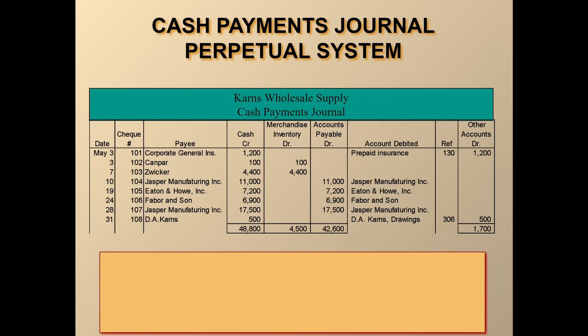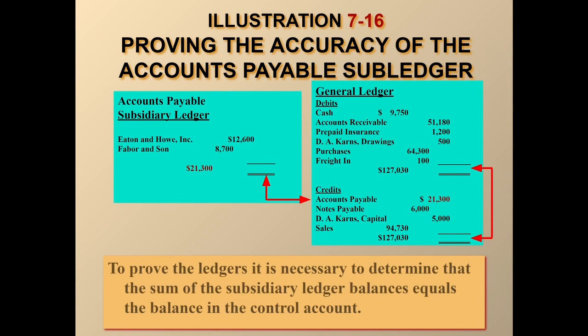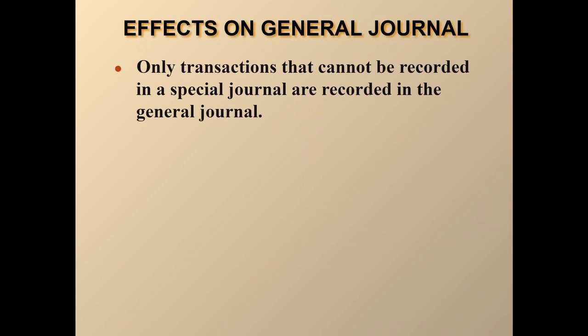Having it all in one area makes it much neater and keeps it out of the general journal. These also have to balance: the subsidiary ledgers, in this case the accounts payable, must equal the same. Otherwise you have a problem and you'd have to look for that particular error.